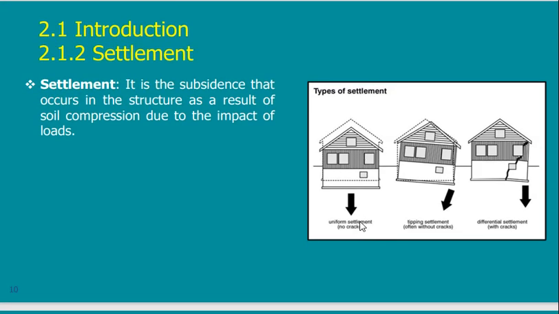Now we said that we are going to study this to prevent or to reduce the settlement, or to deal with the settlement in a better way. Just to remember, maybe you've seen this slide before, that we have three types of settlement.